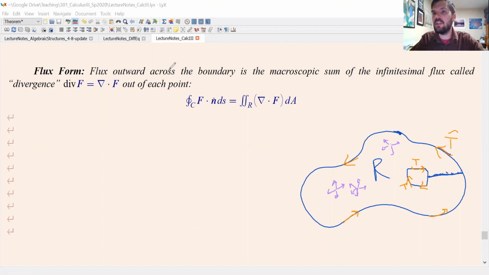And so basically we take this kind of purple detector and we put it over each point to see if there's a positive or negative amount of pushing away. And if we measure this amount of divergence at every single point inside the region, we will get a total that is equal to the amount that the vector field pushes across the boundary.